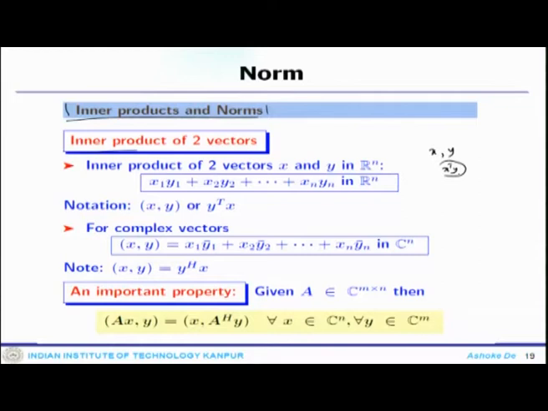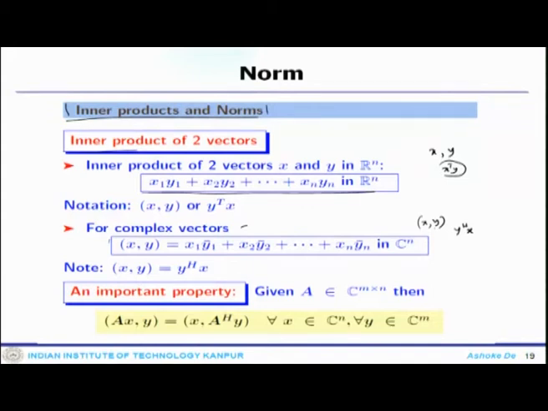That is how you get the inner product, essentially the dot product. For complex vectors, the inner product can be written as y^H x.